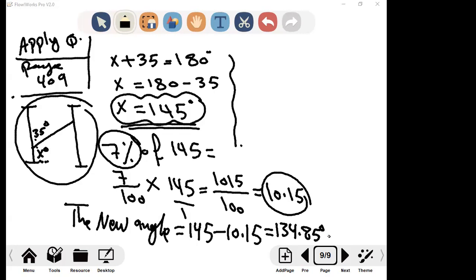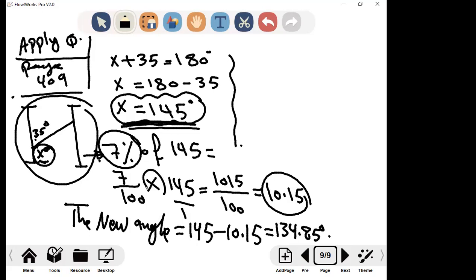Now, the question said, in this model the engineers decided to make this x less. Less by how much? By 7%. So I use my information here to find x. Then the next step, I need to find how much is the 7% of the angle 145 of x.